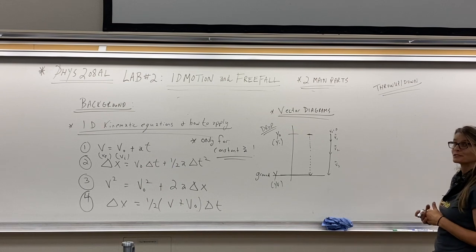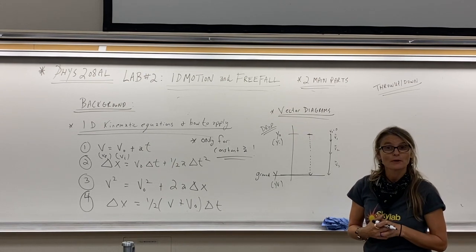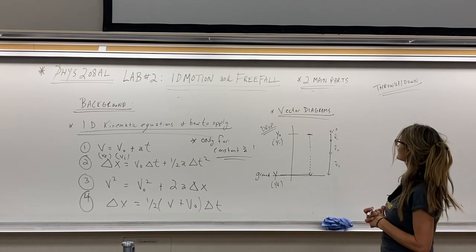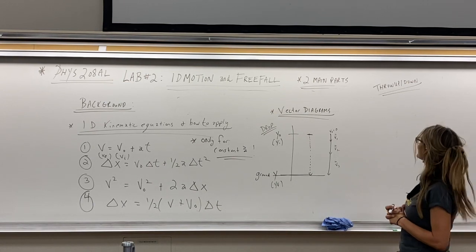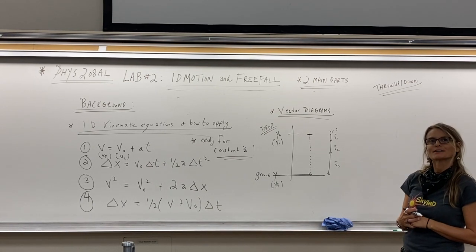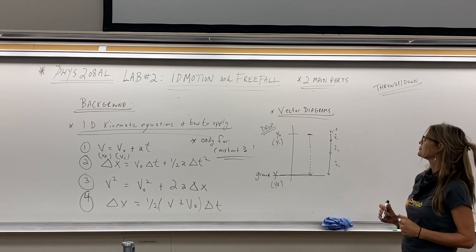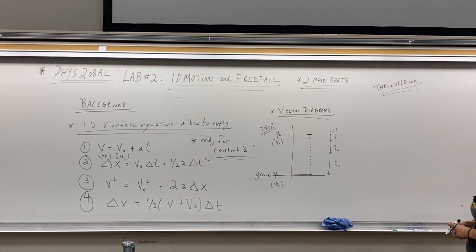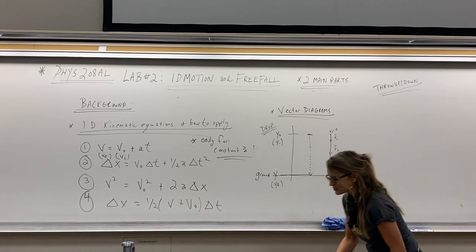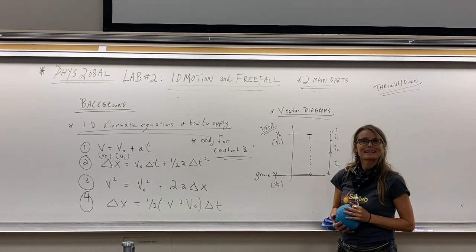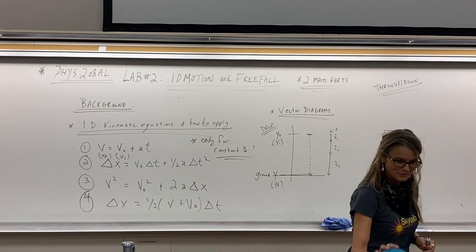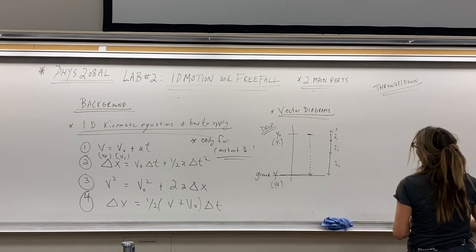Also the case when you're sending things into orbit. If we want to get a rocket off the surface of the Earth and we don't want it to come back down, we have to reach escape velocity, an initial velocity that's incredibly high. But for the most part, we throw something up, it comes back down, so no escape velocity there. I don't have that good of a throwing hand.